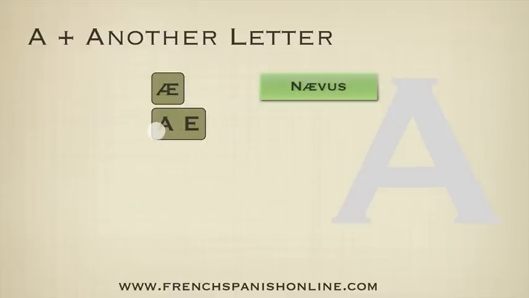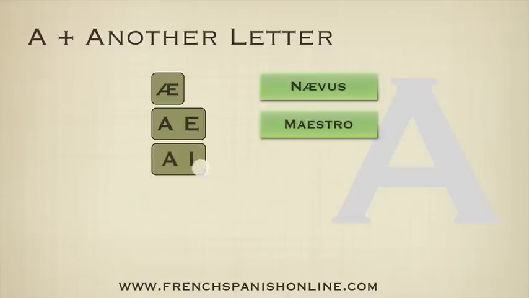When we have the letter A and the letter E, actually it's a foreign word, and we keep the pronunciation of the foreign word with the French accent. For example, maestro. So here we say A-E, maestro. Here we say E, like maison.